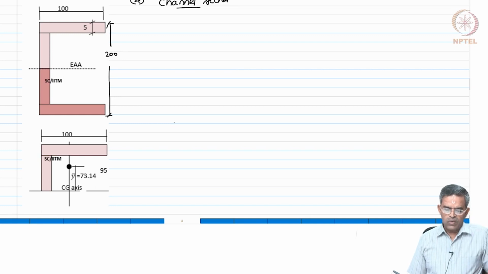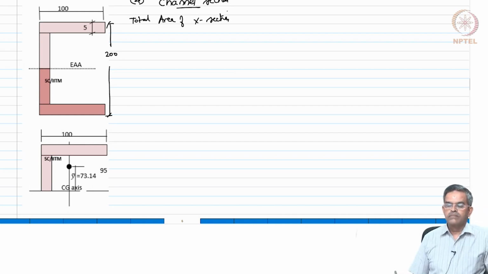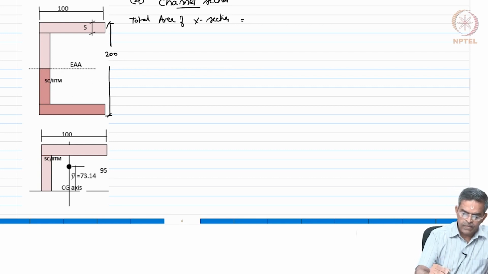Let us try to find out the total area of cross section. You can see this is going to be, I have divided like this. This is my first piece, this is my second piece, and the third piece.